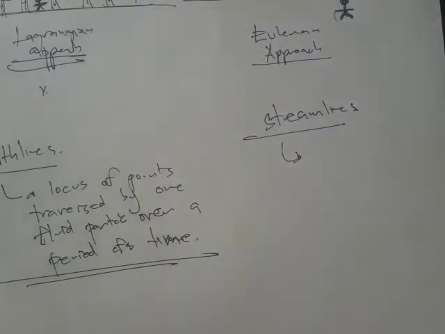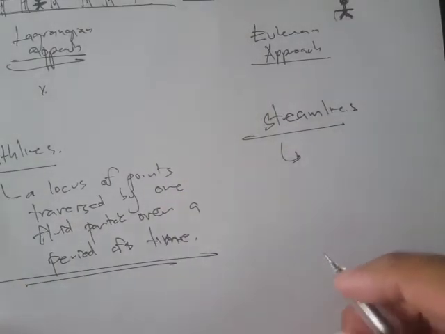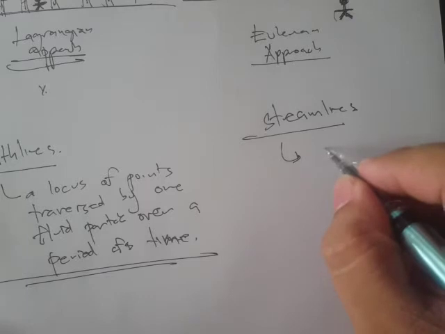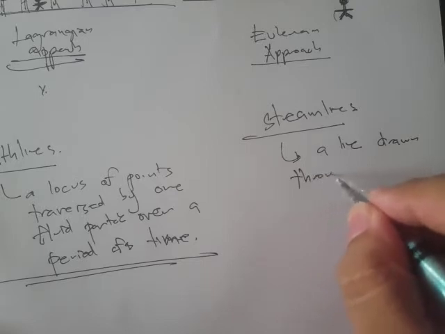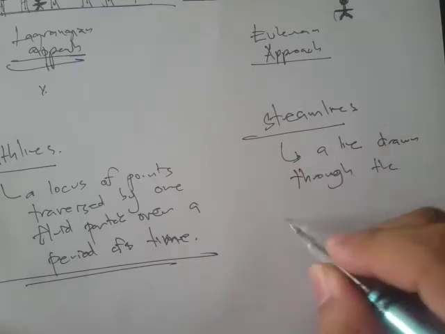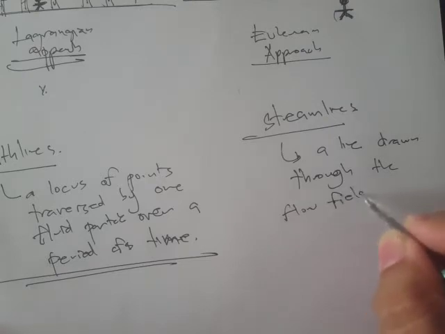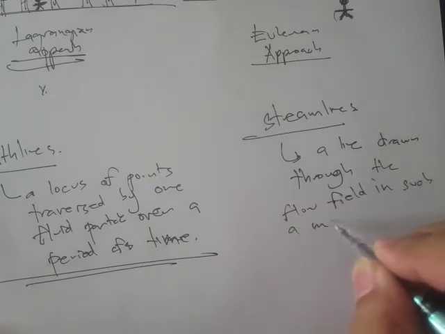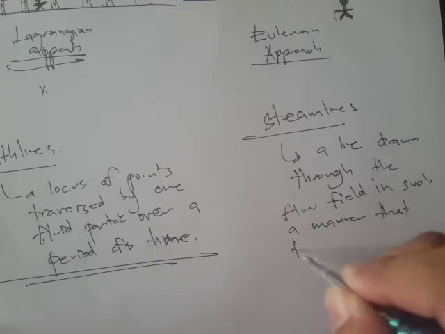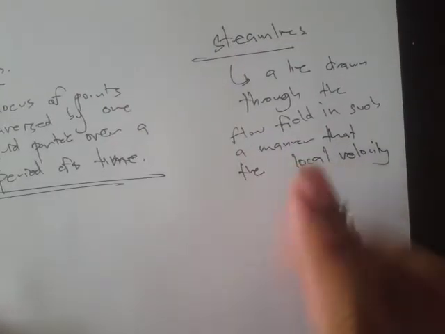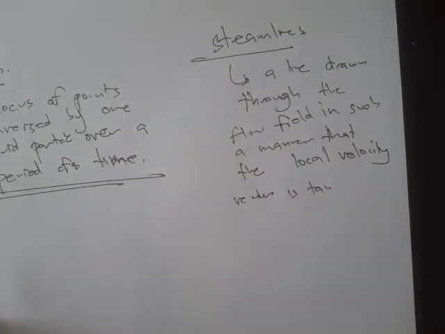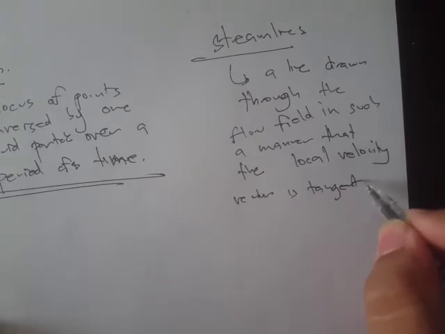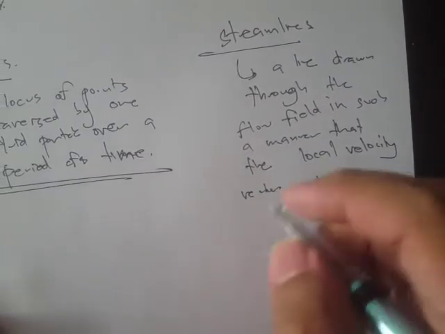We define streamlines as a line drawn through the flow field in such a manner that the local velocity vector is tangent to the streamline.